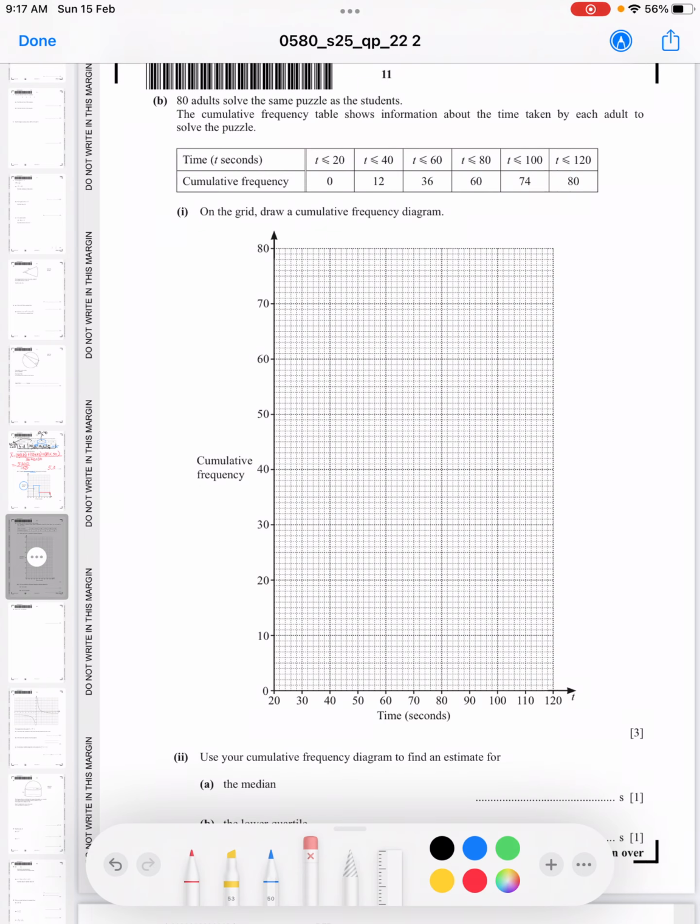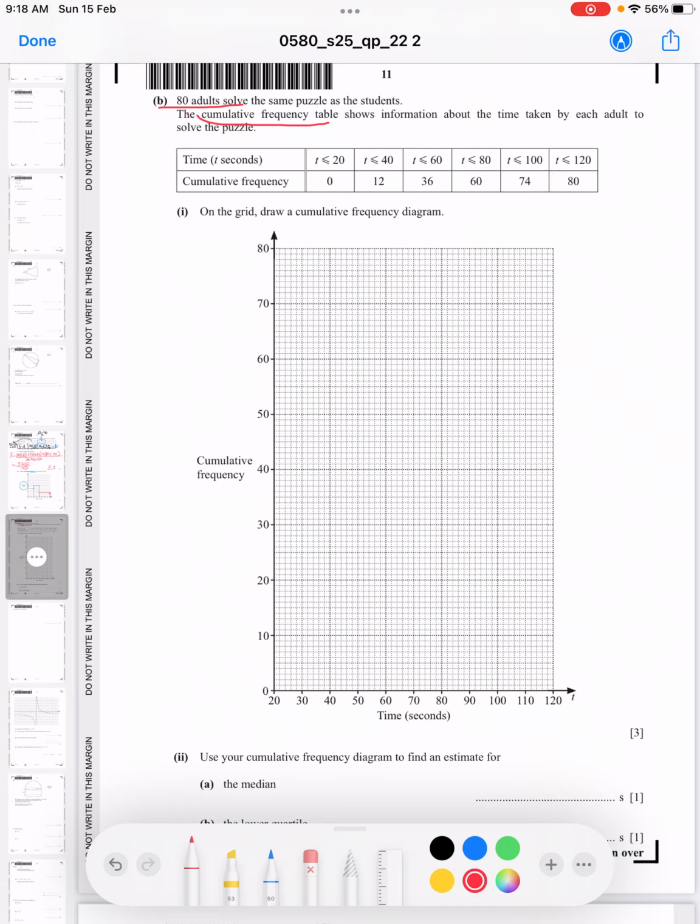80 adults. Now the total number is 80. 80 adults solve the same puzzle as the students. This time we have the cumulative frequency information taken for each adult to solve the puzzle.